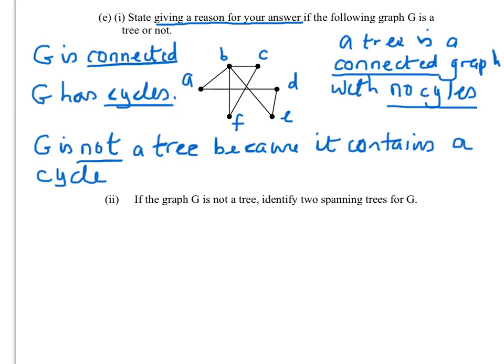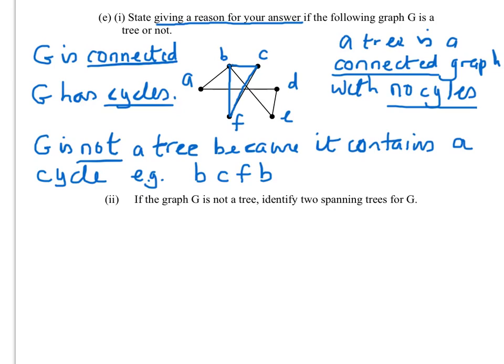And I can give an example of a cycle that it contains. Let's say I take this one here, B, C, F, B. So you can see a cycle here is a route, so you go from B to C to F to B. You start and end at the same point, and you visit two or more points on your route.